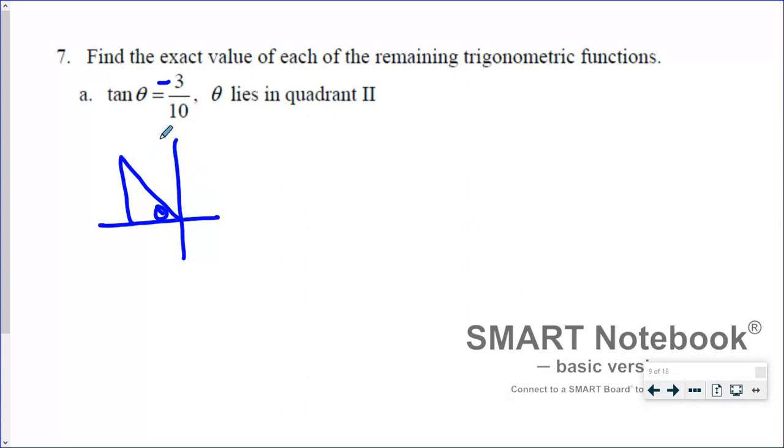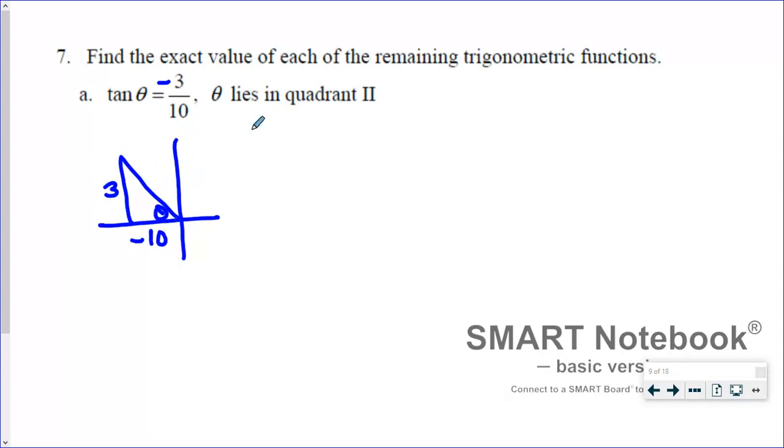Tangent is opposite over adjacent. So I have 3 here, I have 10 here. Obviously, one of these has to be negative. Well, if we're going from the origin, to the left means negative, and up means positive. So my 10 here has to be negative.